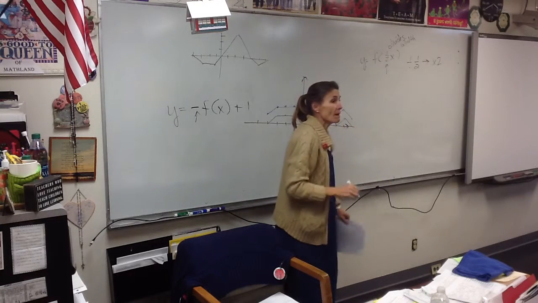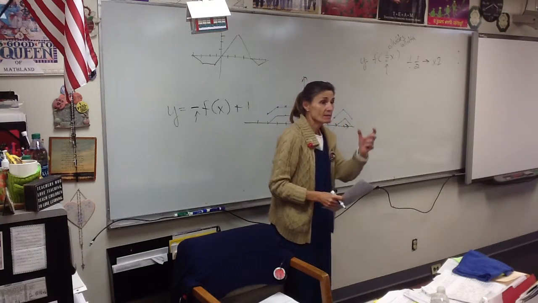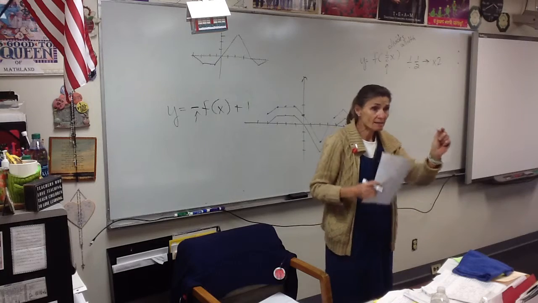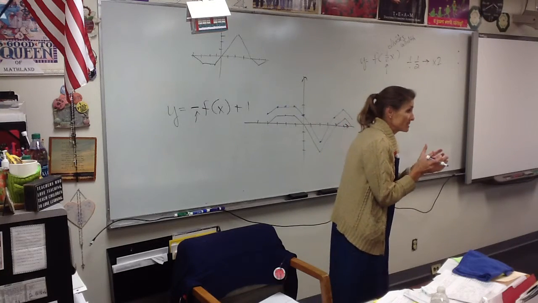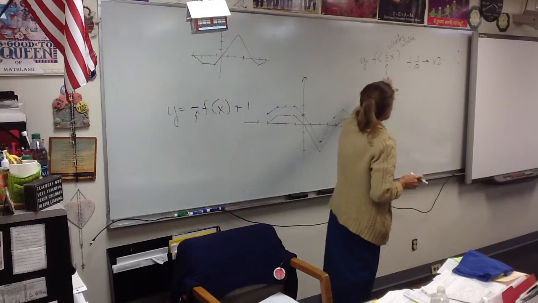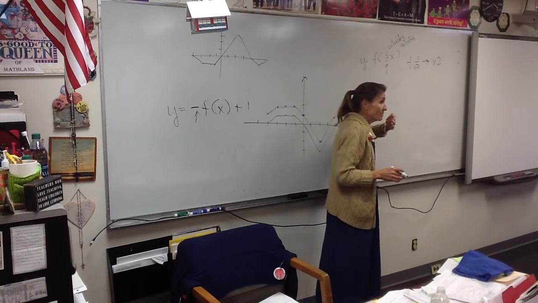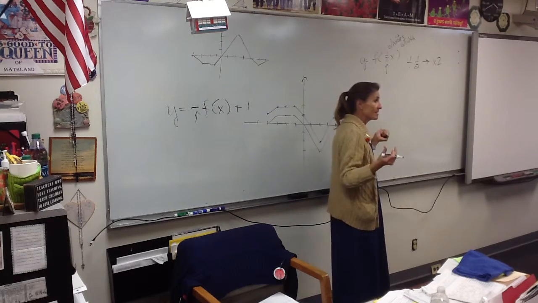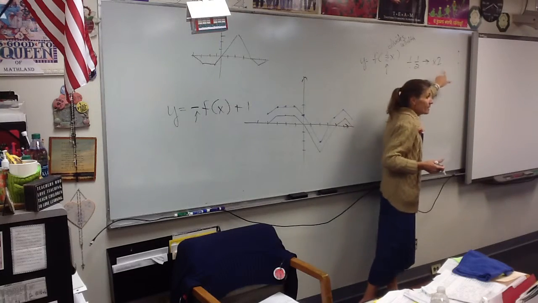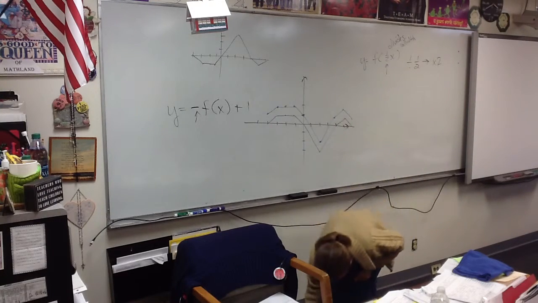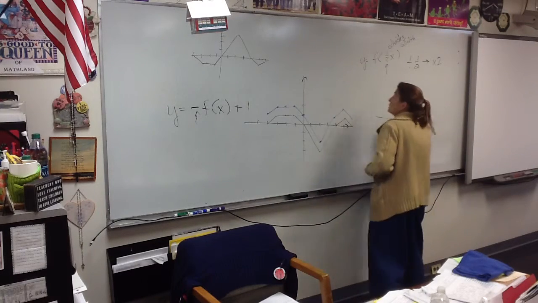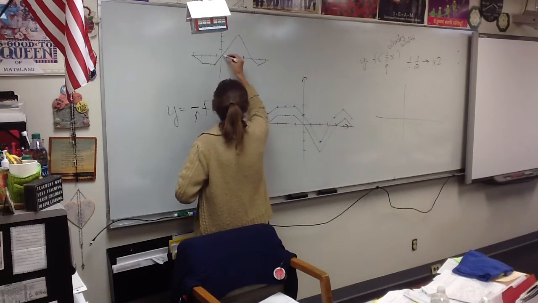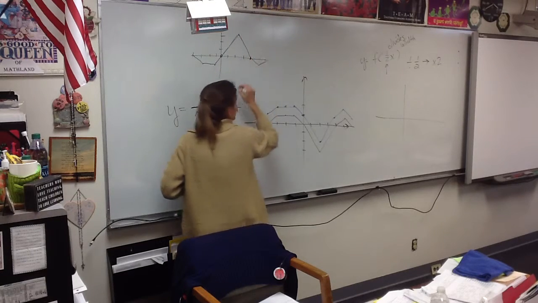Another way to think about this, kids, and we've talked about it, is when things are grouped in there with the x, they always are opposite, right? So it looks like you're cutting in half, but you're doing the opposite of that, which is doubling. So I'll start with this triangle right here.